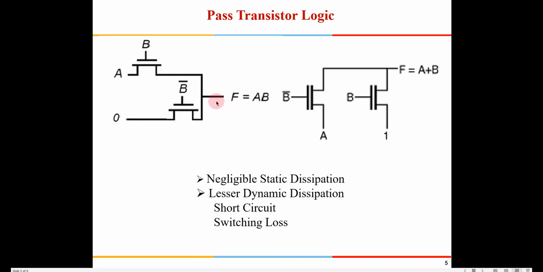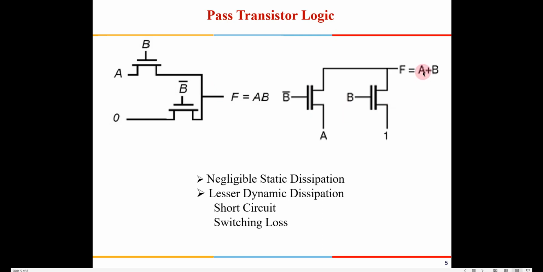Obviously this particular circuit will have a drawback: because you are using NMOS here, the output will not be VDD, it will be VDD minus VTN. For 0 it's not a problem. So when A and B both are 1, you will have to use a level restorer here. You have to do something about it.